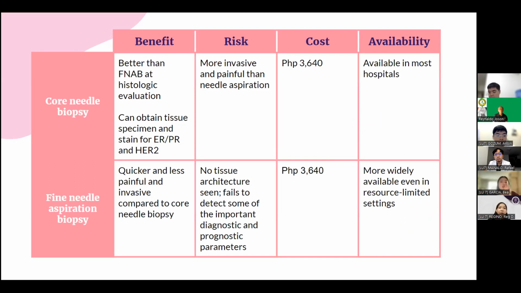And it can also obtain tissue specimen for immunohistochemistry staining, particularly for ER, PR, and HER2. The risk, however, of core needle biopsy or CNB is that it's more invasive and painful than FNAB. And the cost, according to the case rates of PhilHealth, is around 3,640. And for the availability, it's available in most hospitals.